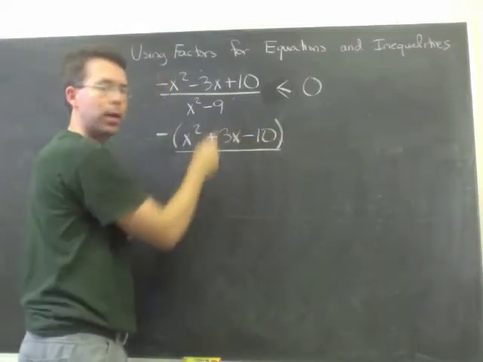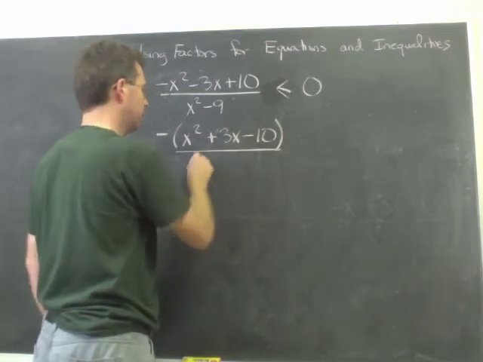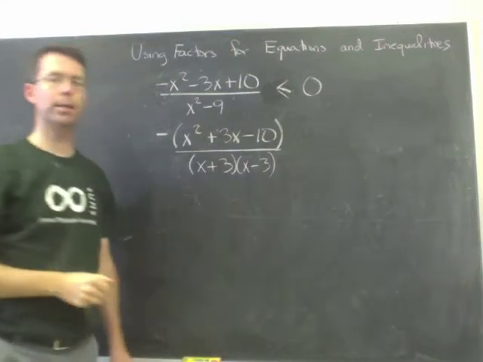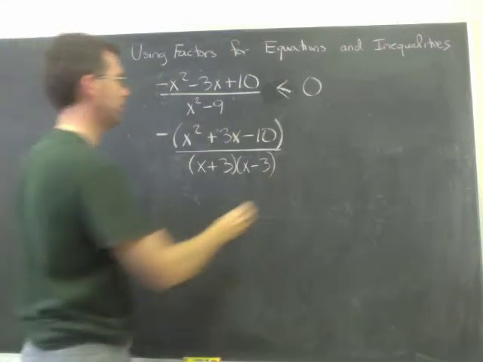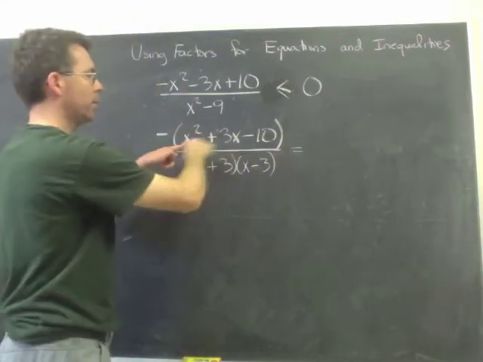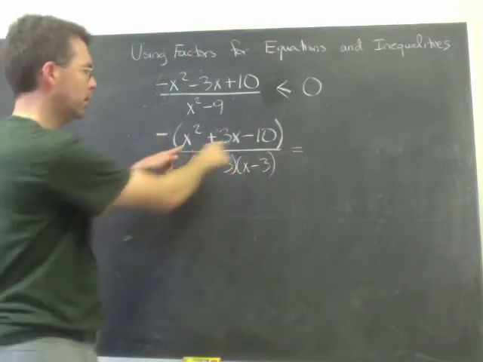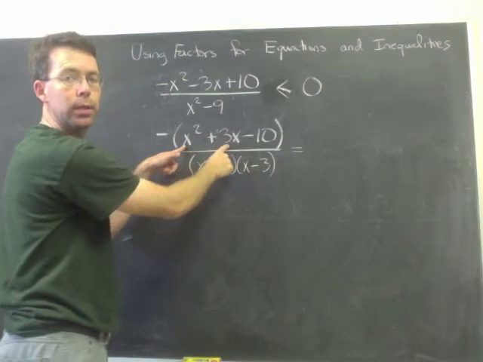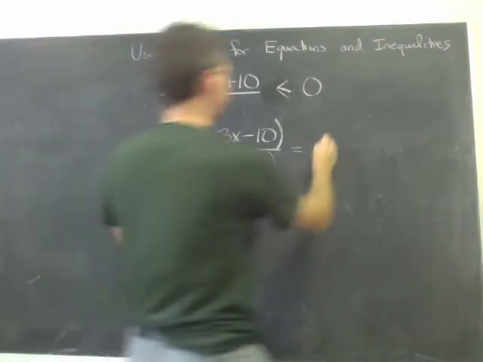X squared minus 9 is a perfect difference of squares. So I get that that's x plus 3 times x minus 3. And now let's factor this quadratic that's left. Notice it's x plus 5 and x minus 2 to give me the value 3 in the middle.